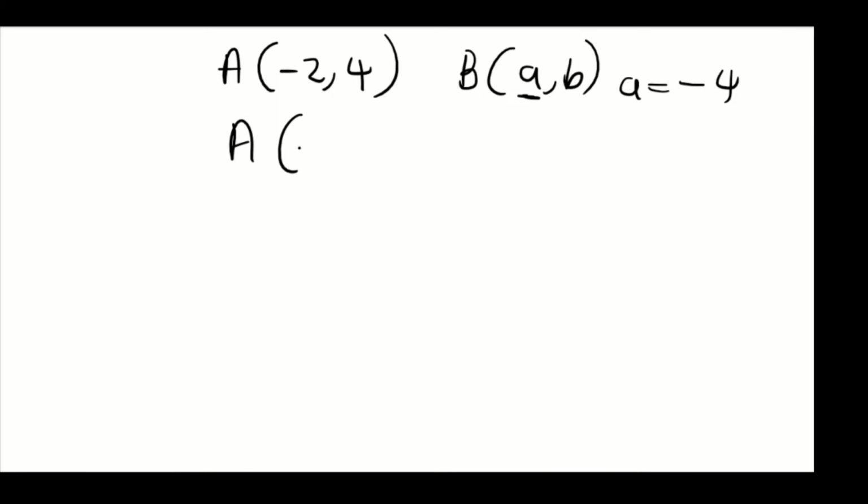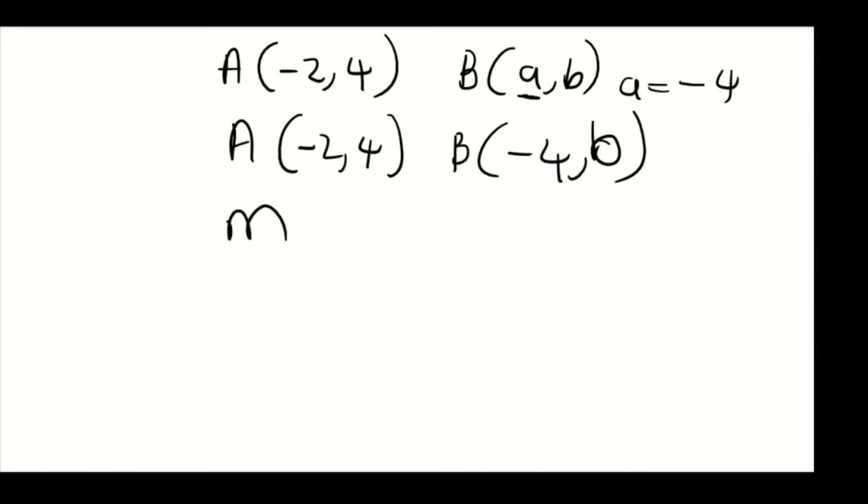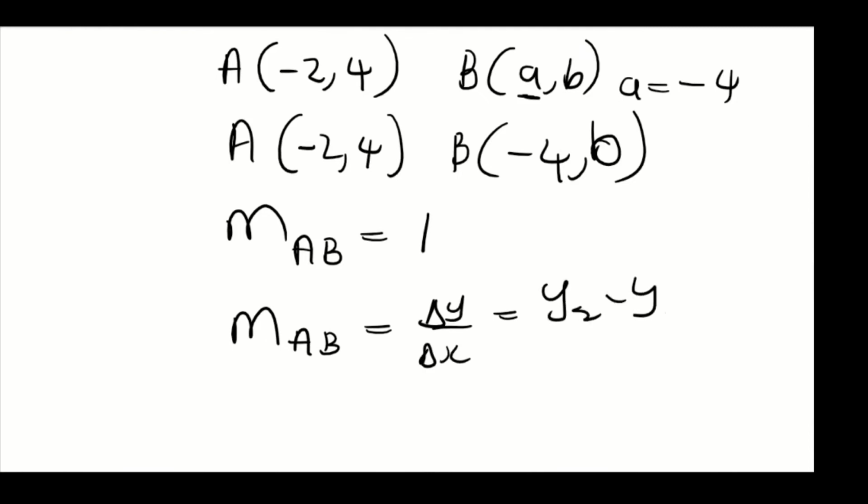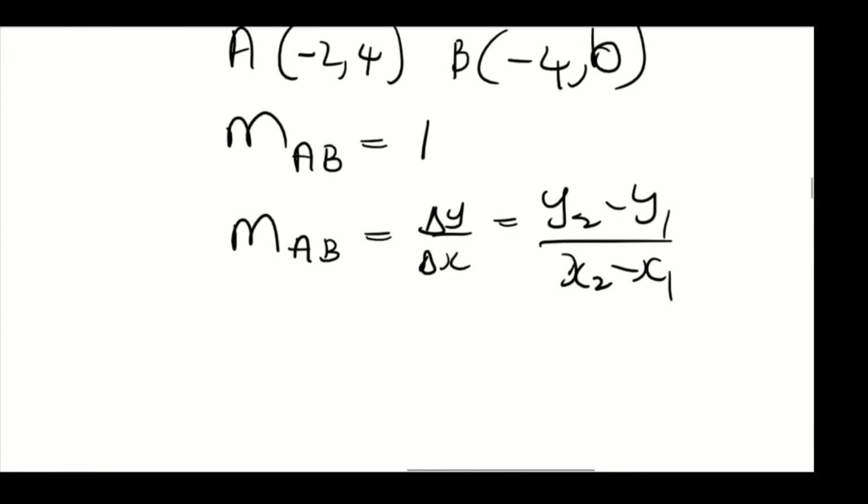So now we have -2 and 4, and we have B, which is -4 and B, right? And we just noted that the gradient of AB is equal to 1. So if we use the equation of a gradient, which is change in y over change in x, equals y2 minus y1 over x2 minus x1, right?